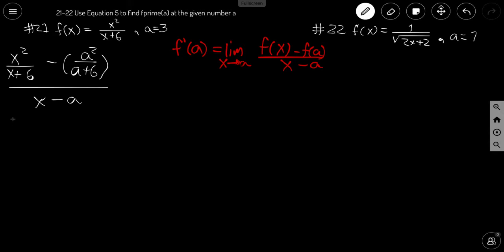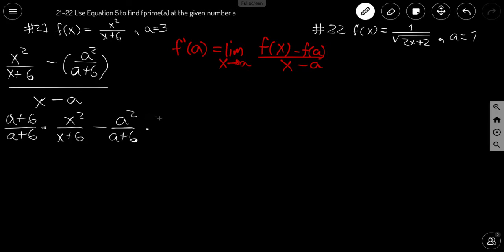So we can start off by multiplying a plus 6 over a plus 6 times x squared over x plus 6, minus a squared over a plus 6 and times x plus 6.